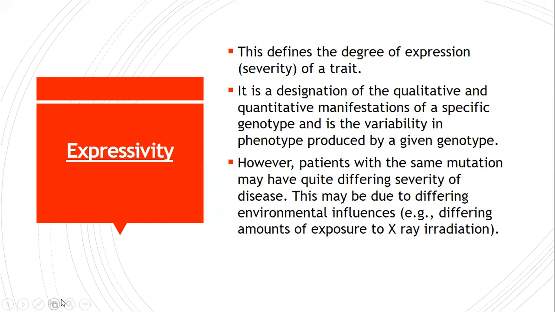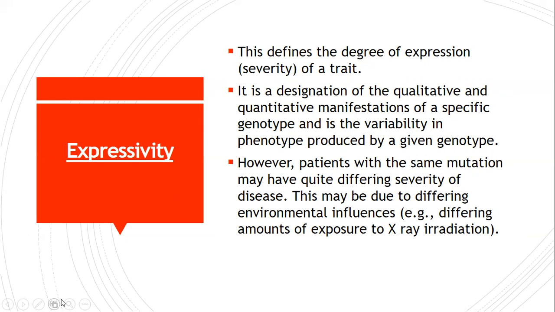For example, differing amounts of exposure to X-ray radiation or UV radiation. So two individuals may be carrying a certain gene defect, but both will not be expressing the same amount of phenotypic abnormalities because the two may not have the same environmental influence.